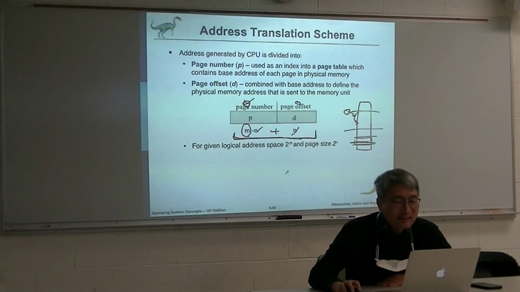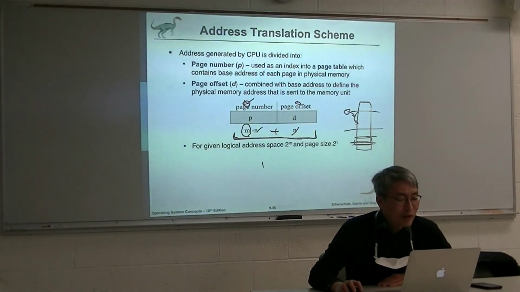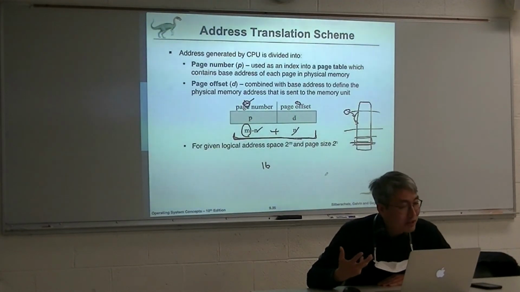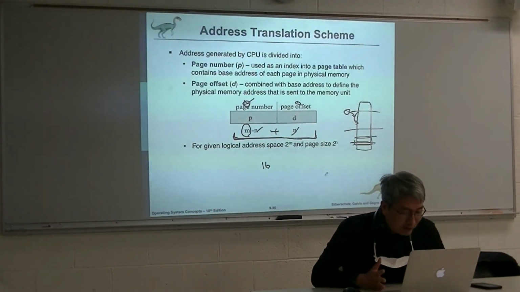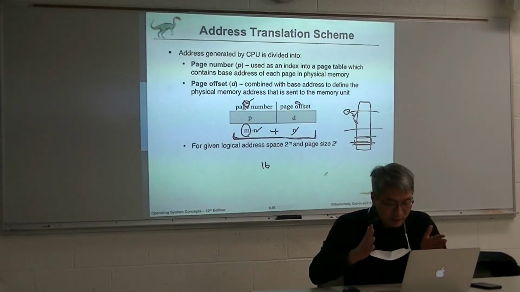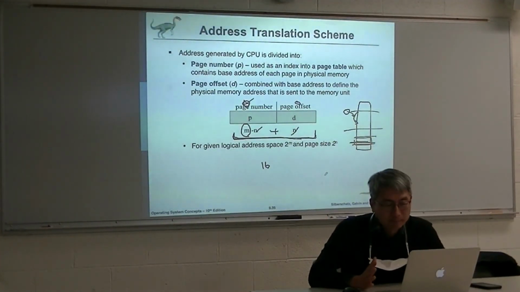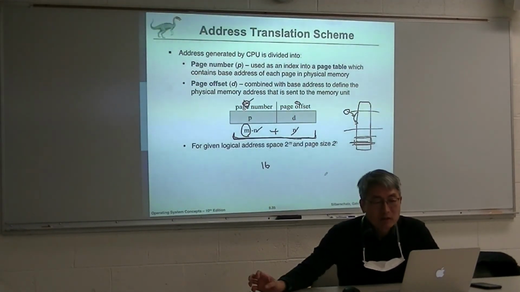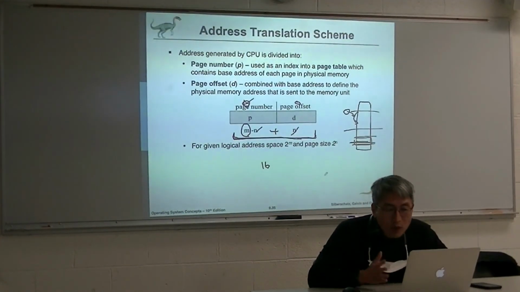That is determined by your computer system. If you are using a 16-bit processor, 32-bit processor, or 64-bit processor, what does it mean? In one CPU cycle, it can process only that amount of data. Which means when you read data from memory, only 16 bits will be needed.